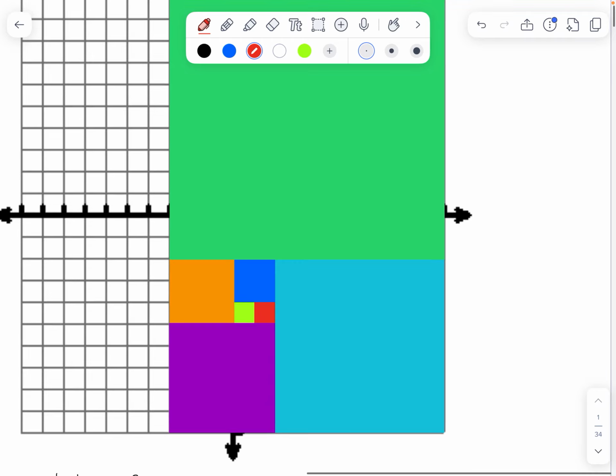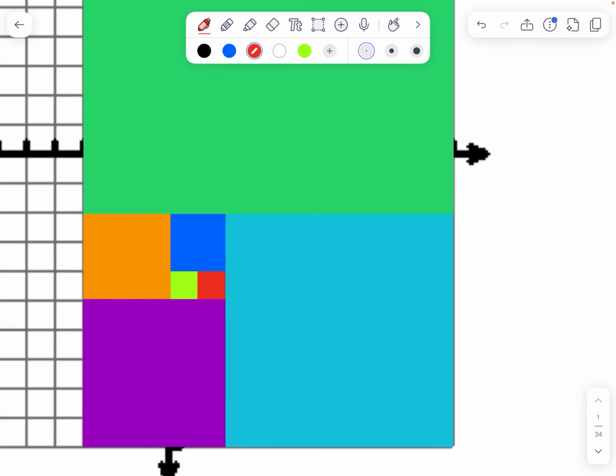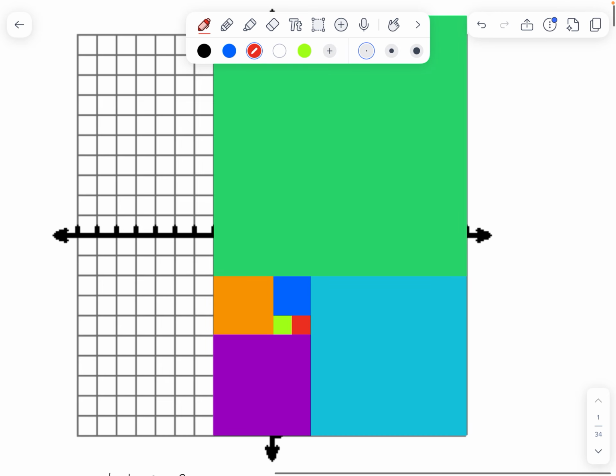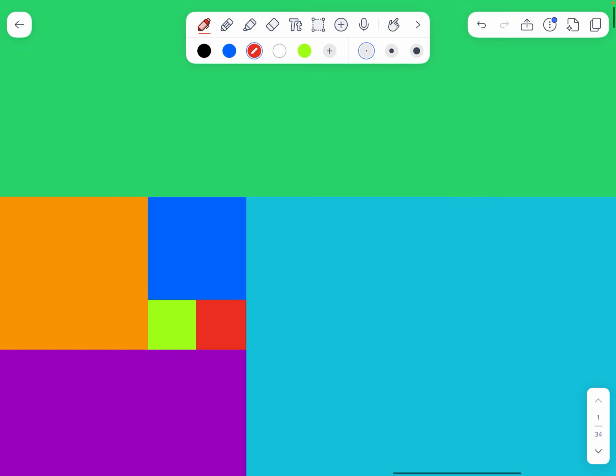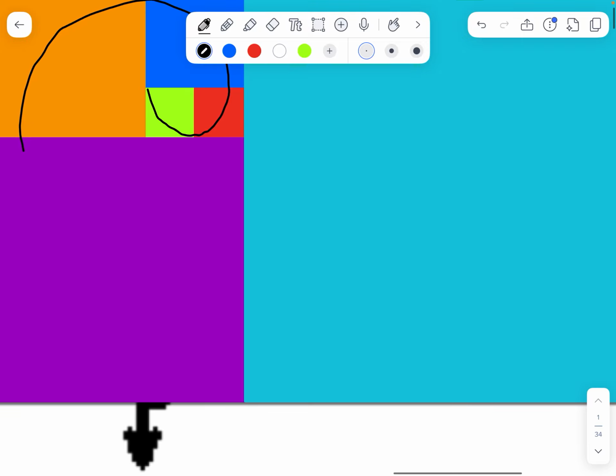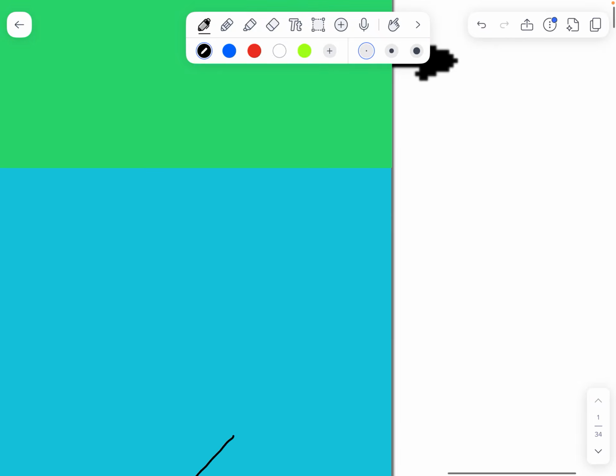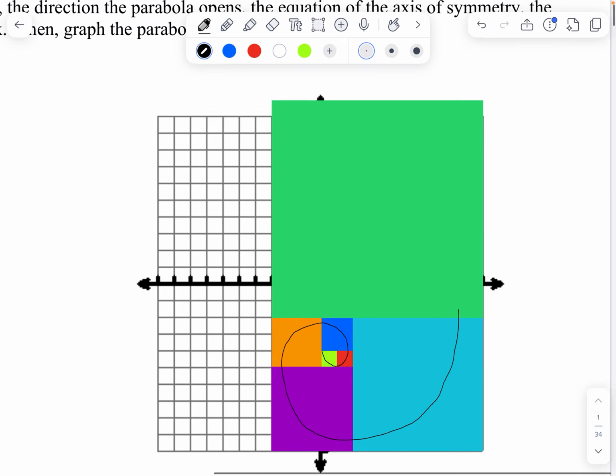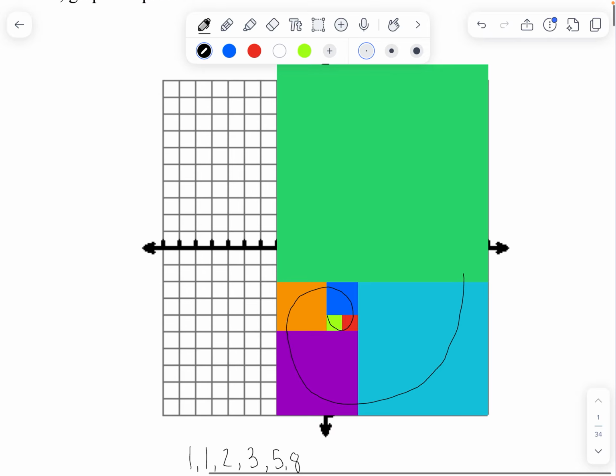Okay, so now the moment you've all been waiting for. Why does this matter, right? Well, we can draw this. You see, it's a spiral.